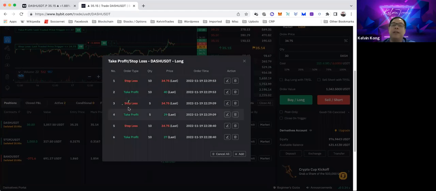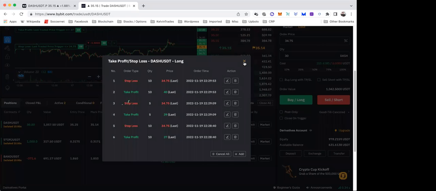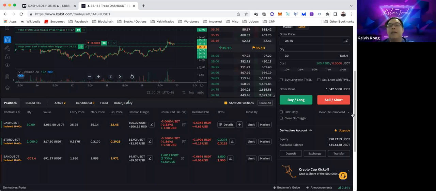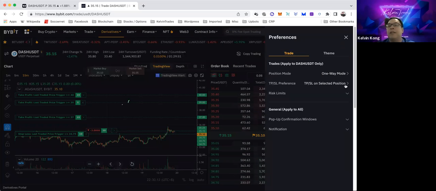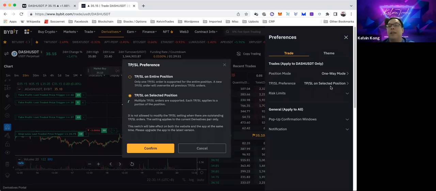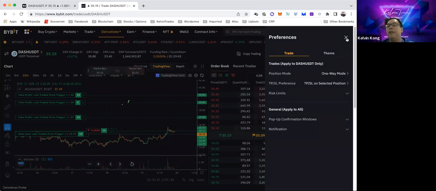So this is much simpler. Agree? That's why you pay a higher fee for the convenience. This is why you need to select take profit stop loss on selected positions, because if it is an entire position, you cannot set TP1, TP2, TP3.